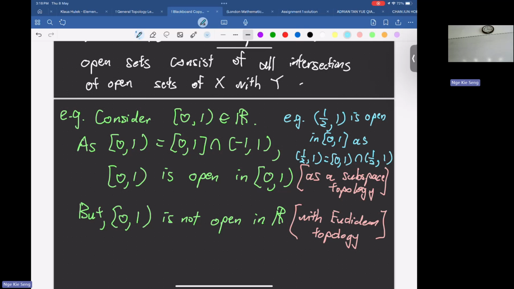In a question, usually when we want to use subspace topology, we will tell you, in subspace topology, or we will use the terminology open in some subspace. So be careful, please don't confuse.